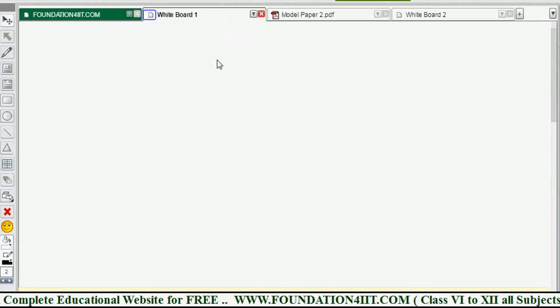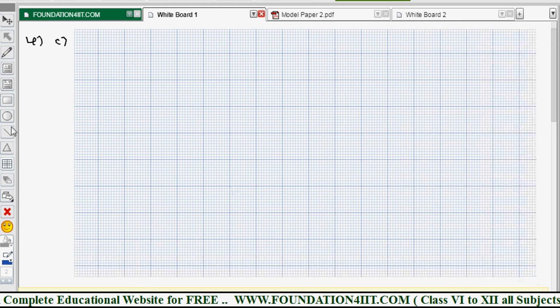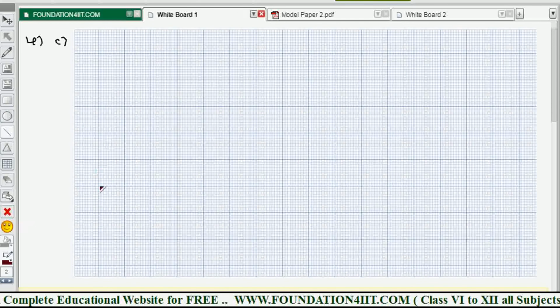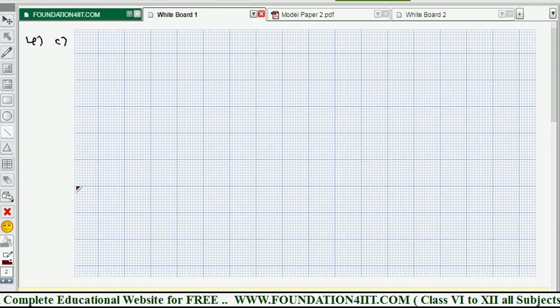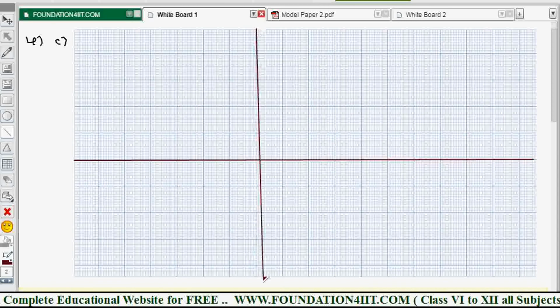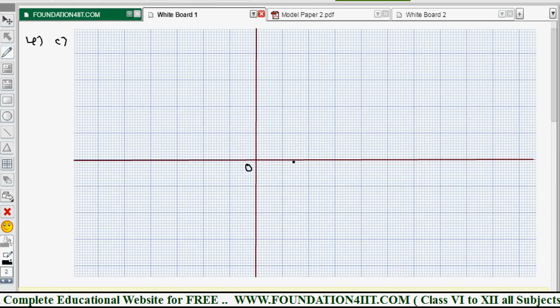Let's take this 4c. Take the graph. So x and y axis. This is the x-axis and y-axis in the middle. We plot these points which are given. As per the question, the starting point is 0.